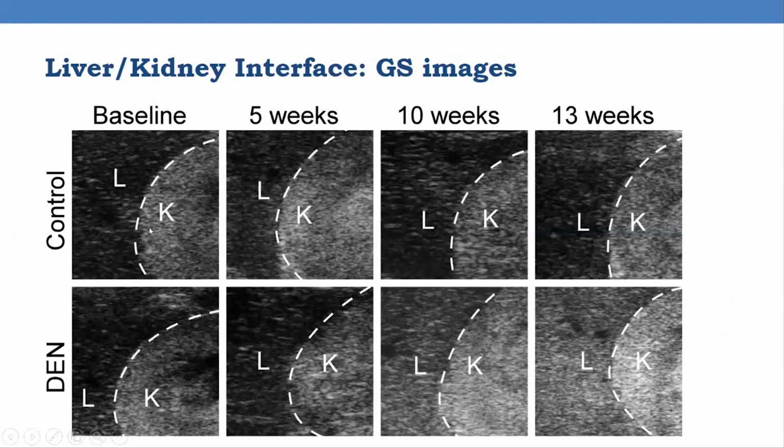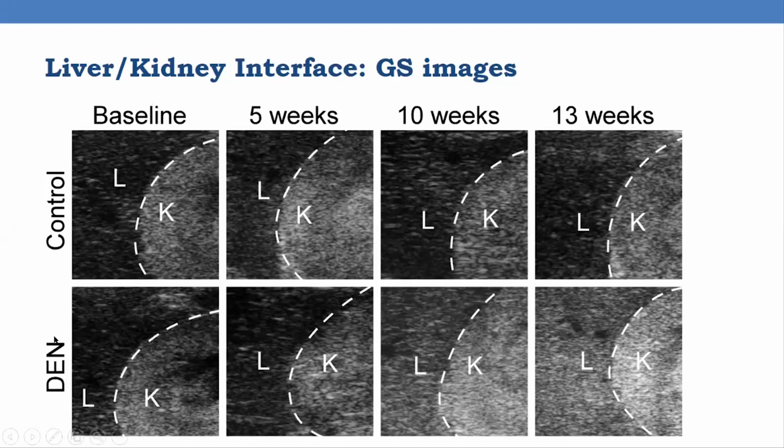And then we looked at the liver-kidney interface. If you can see in the control case, the kidney looks brighter than the liver. And consistently for the control group, from baseline to 5 weeks, 10 weeks, and 13 weeks, the liver looks darker and the kidney looks brighter.